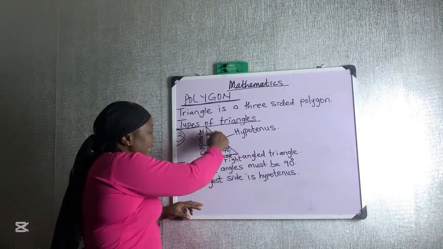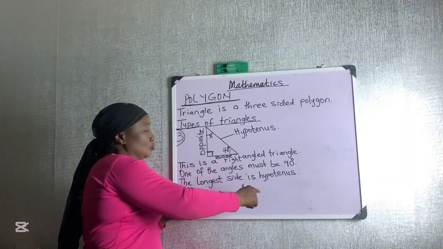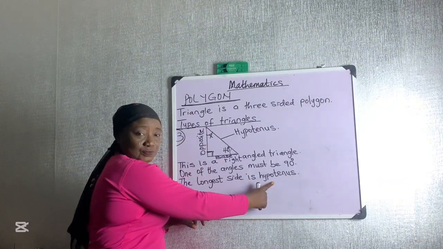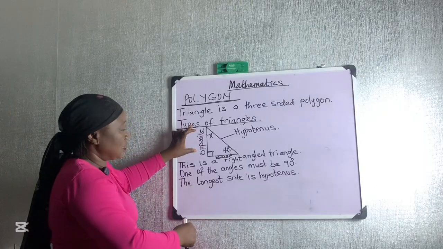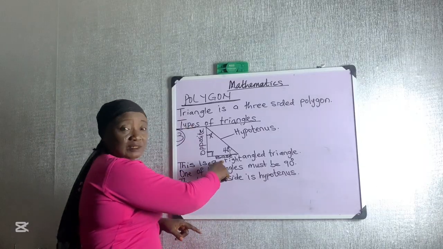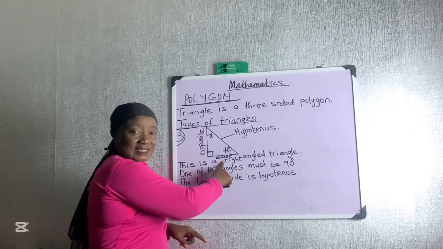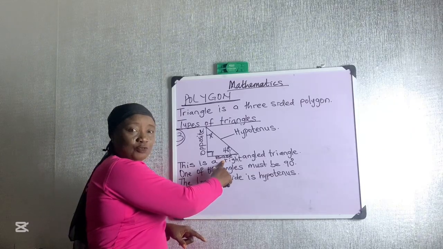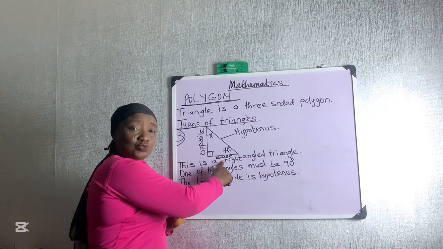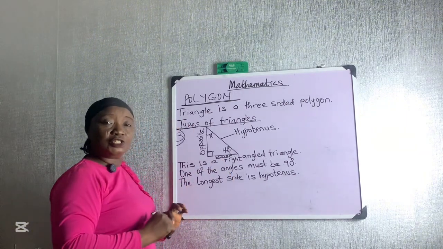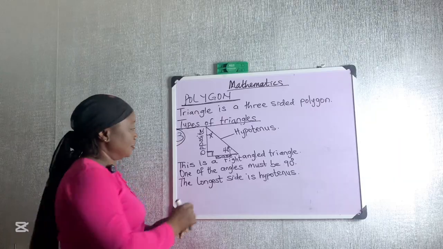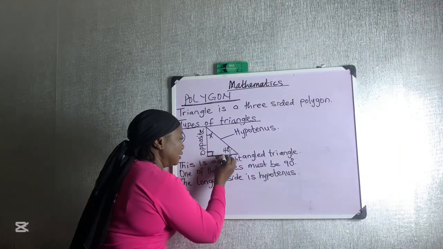The longest side of a right-angled triangle is known as the hypotenuse. Of the two other sides, one is the opposite, and the third one is known as the base, or it is called the adjacent in higher class. From primary level we are used to base, but in higher class it is known as adjacent.